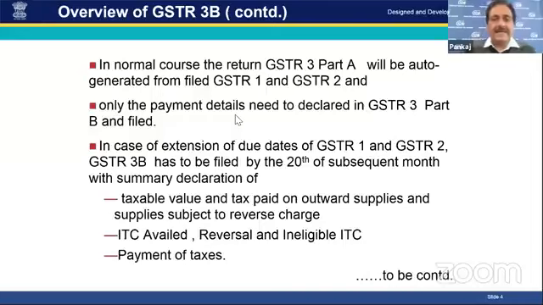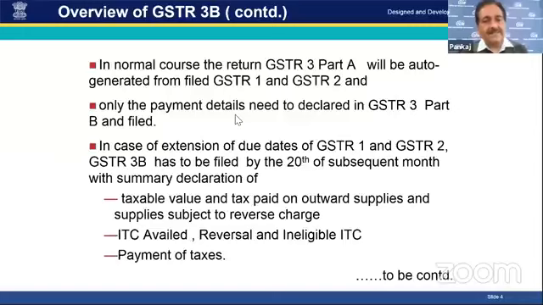So in a nutshell, GSTR 3B is a summary declaration of the taxable value and taxes paid on the outward supplies and taxes paid on supplies which are subject to reverse charge by the taxpayer. It would also have details of the input tax credit which the taxpayer has availed, and it would also cover the reversal and ineligible ITC which is to be made by the taxpayer at the time of furnishing the GSTR 3B return.